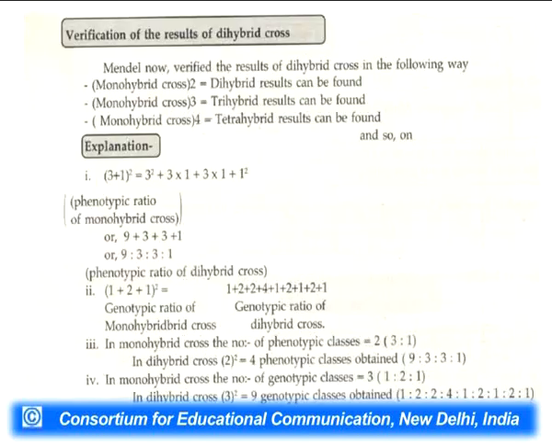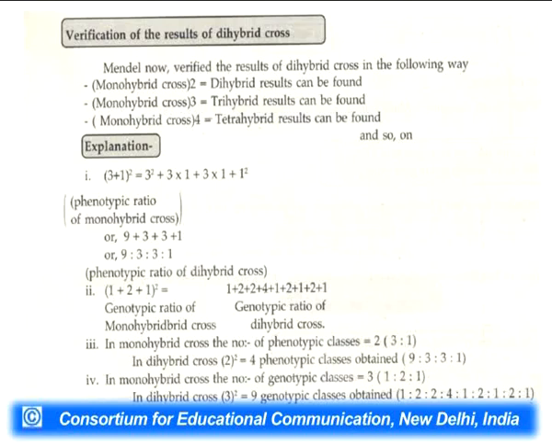Talking about the genotypes, how do we verify Mendel's laws? The verification comes, as I said, from beautiful maths, because if we look at the common parameter, we would reach the conclusion that a dihybrid cross is nothing but the square of a monohybrid cross.